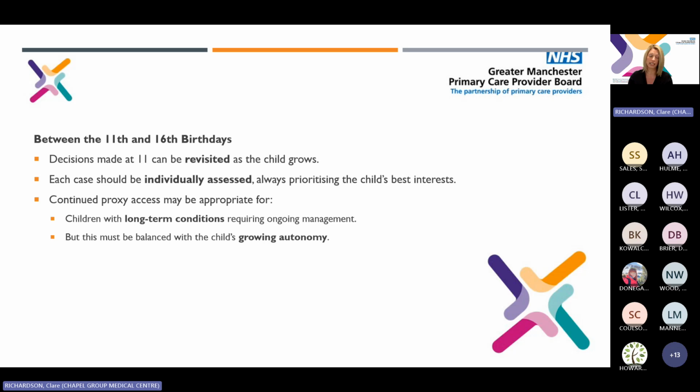But this must be balanced against the challenges that may arise as a young person becomes competent to make their own decisions about their healthcare. We've had one recently where parents had access all the way up to the age of 14, the child turned 14, and the GPs deemed them to be competent to make their own decisions. At that point, the access was switched off for the parent because it's what the child wanted as well. So you've got to take everything into consideration.